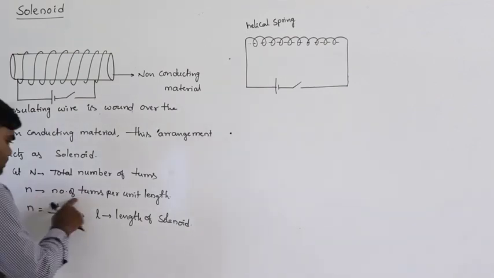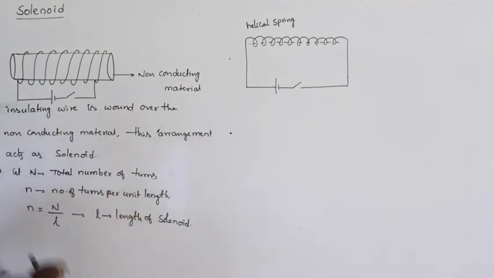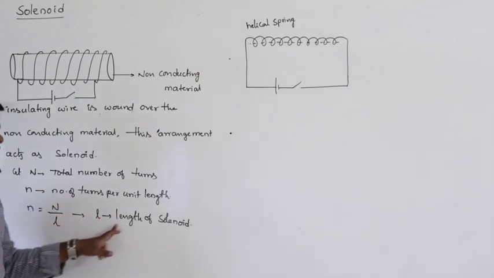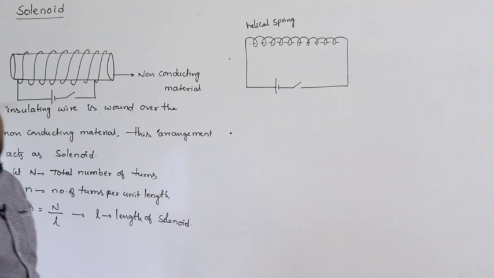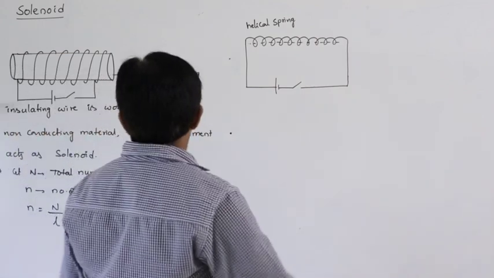So small n is equal to capital N divided by L, where L is the length of the solenoid. So capital N is the total number of turns, how many turns the wire is wound, and small n is the number of turns per unit length. So nothing but capital N divided by total L. What is L here? L is the total length of the solenoid.